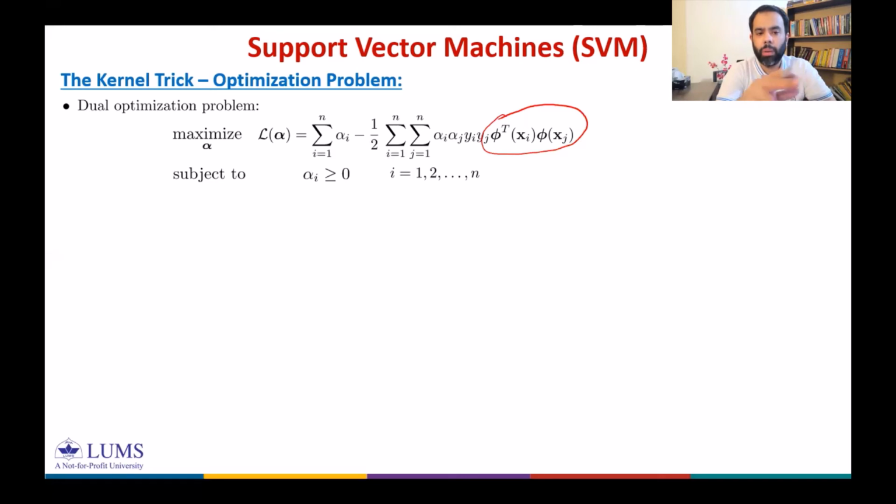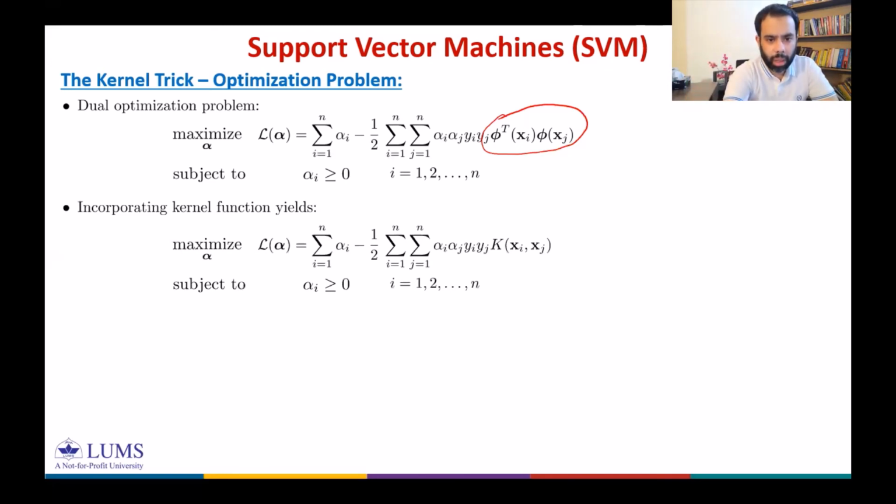Now, if we know how to compute this inner product efficiently using the kernel function k of xi xj, the associated mapping function is phi. It could be polynomial, it could be a Gaussian kernel function.